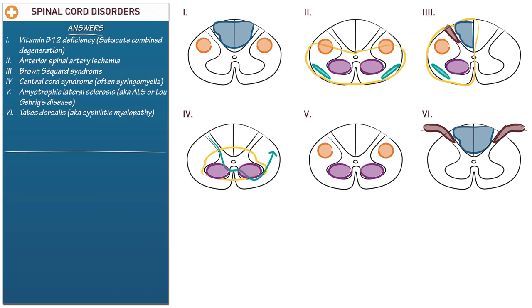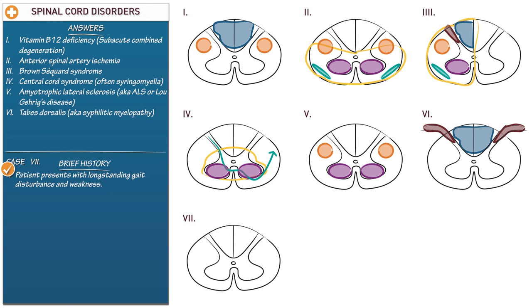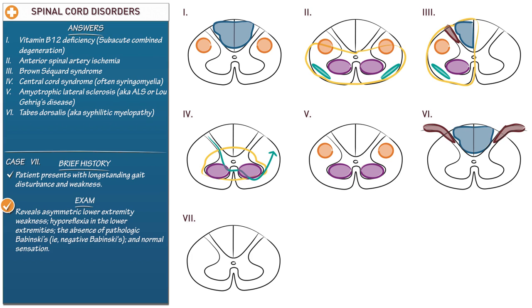Case 7. Patient presents with muscle pains and slowly progressive muscle wasting. Exam reveals asymmetric lower extremity weakness, hyporeflexia in the lower extremities, the absence of pathologic Babinski's, meaning negative Babinski's, and normal sensation.